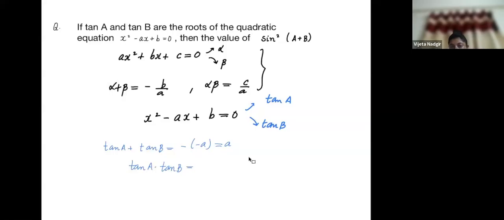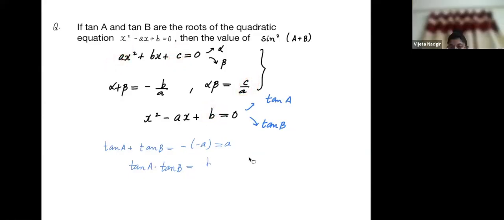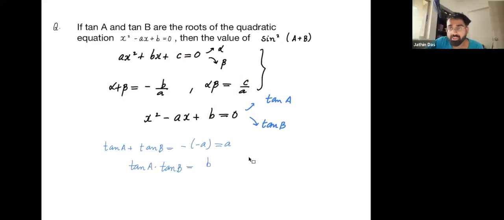Product is c by a, directly c by a. You understood now? So sum of roots is minus of the middle coefficient by the first coefficient, and product will be c by a.